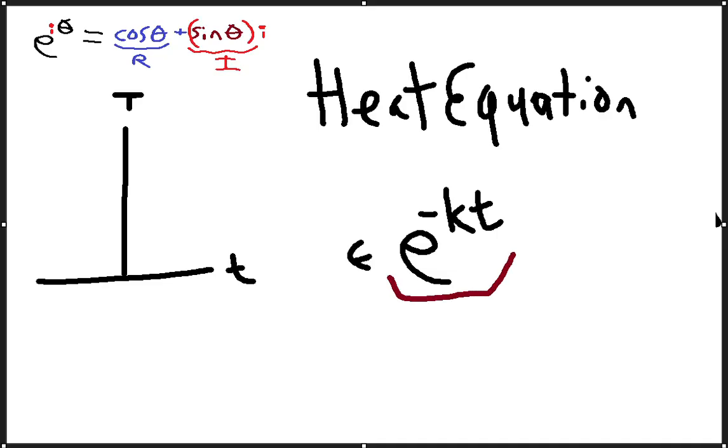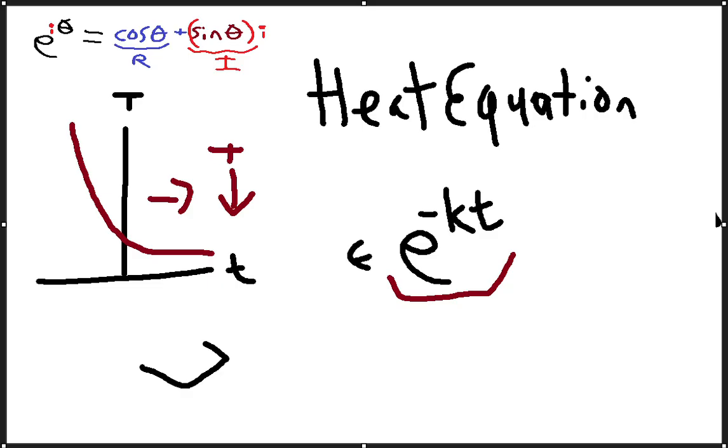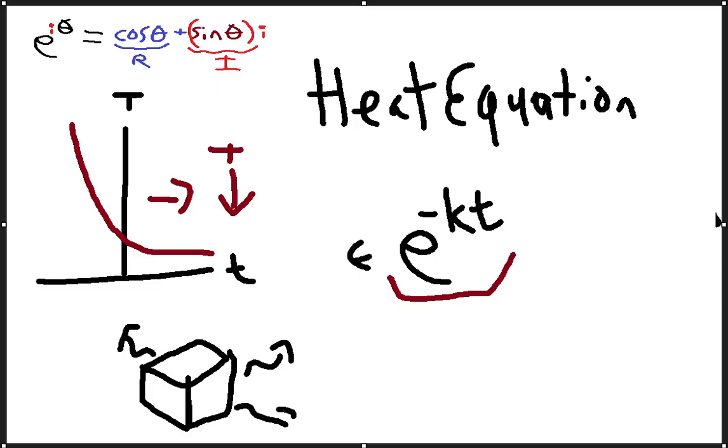This block here will look a little bit like this. Essentially, as t progresses, the temperature goes down, because you can imagine something like an ice cube, and we'll see how well I can draw ice cubes. Now, as time progresses, heat will leave this thing.